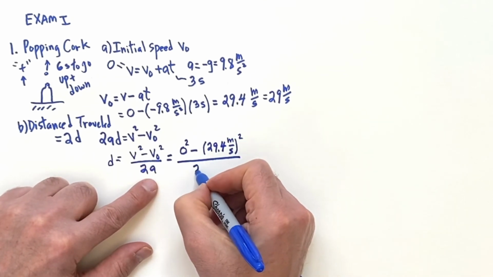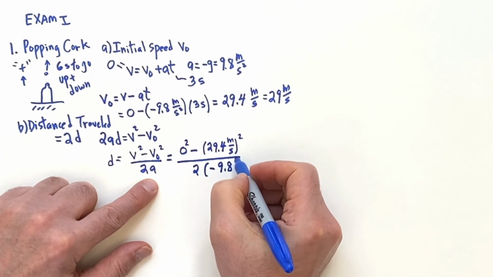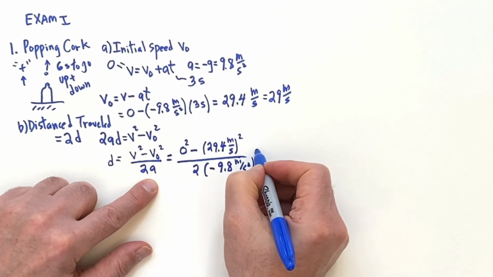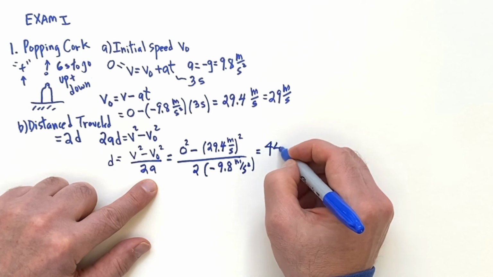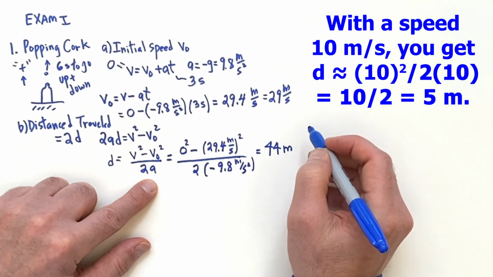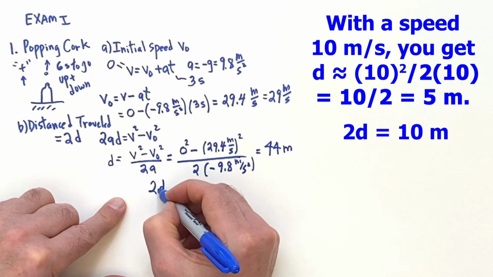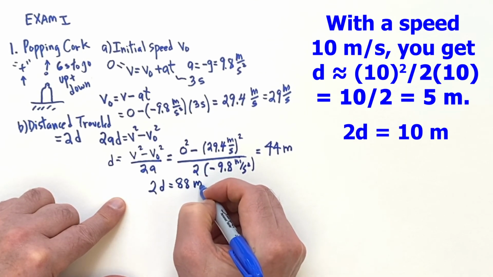And then here I have 2 times A, which is the minus 9.8 meters per second squared. Working this out on the calculator, we get 44 meters. And the answer that we want, 2D, is 88 meters.